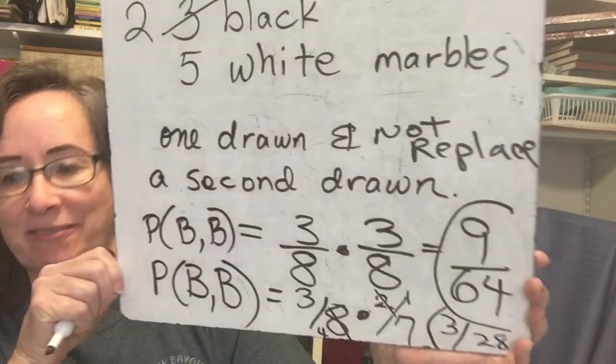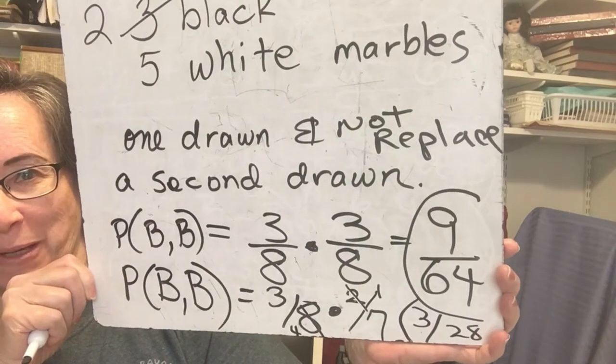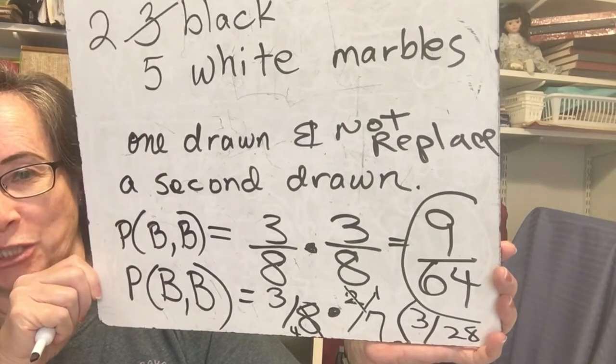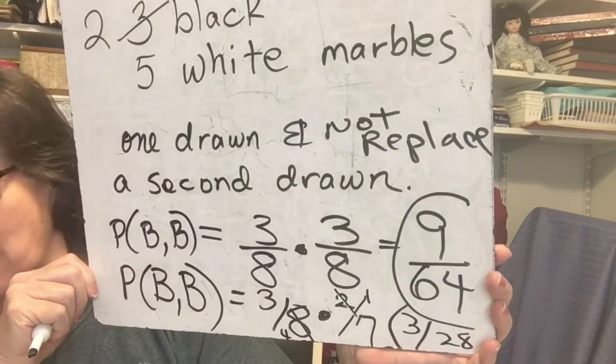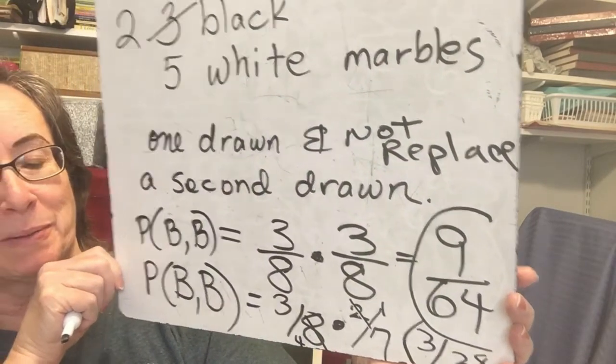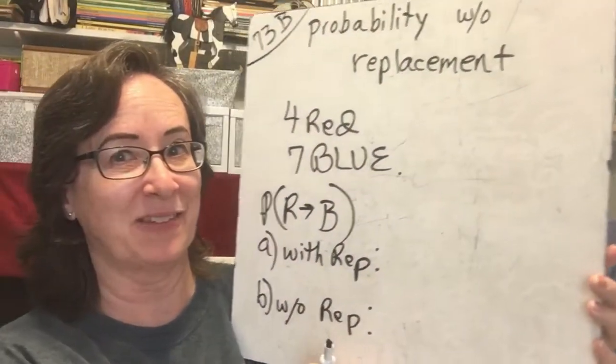So look at that very carefully. Okay, we want to be able to do that. We ought to be able to change our answer depending on whether it's been replaced or whether it's not been replaced. Okay, so here we have another scenario.